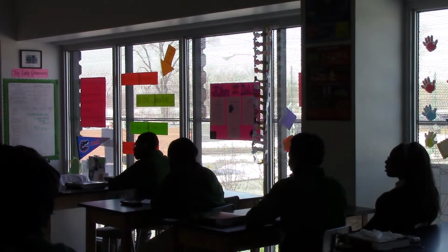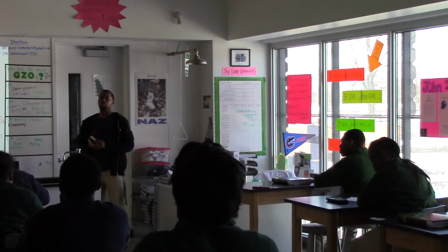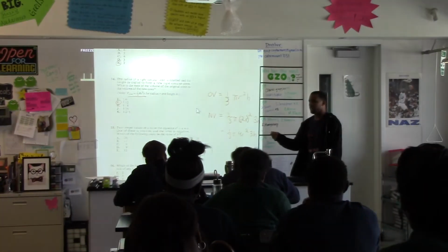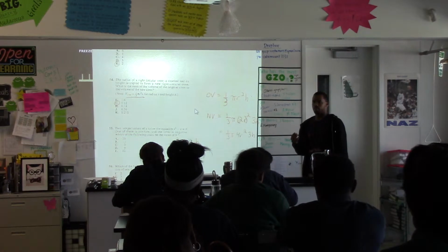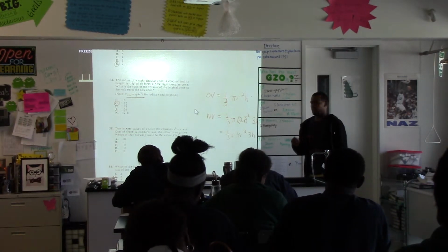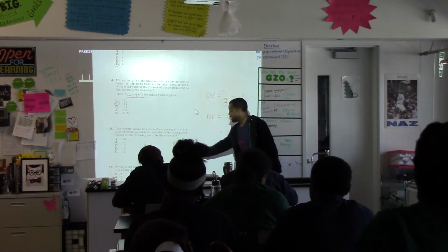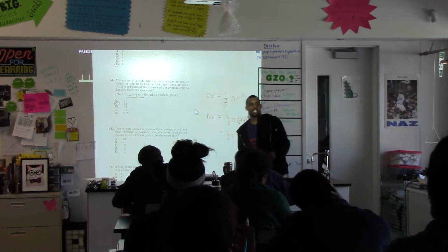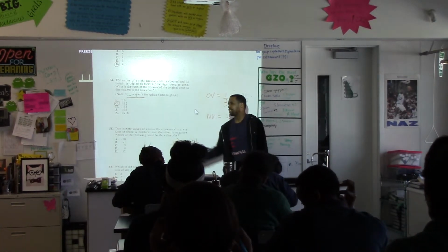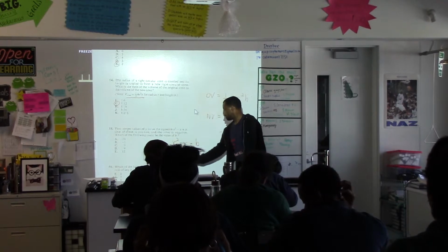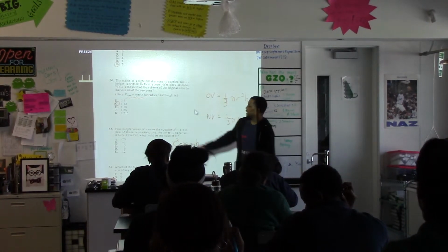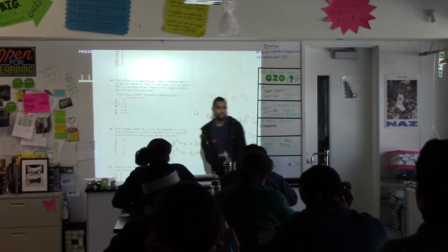Positive 20, so it would be x squared minus x plus 20, right? Now, if this number is positive, can we have a negative and a positive number give us a positive number? So that knocks out the two negative numbers.